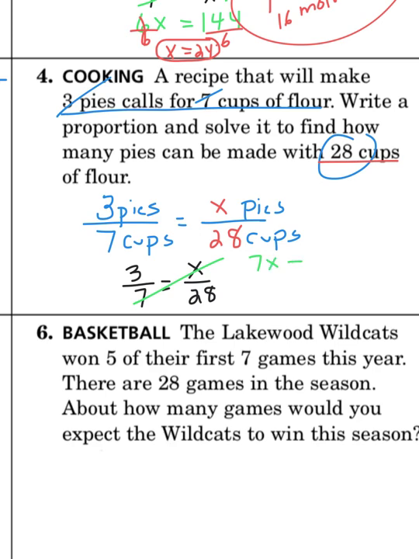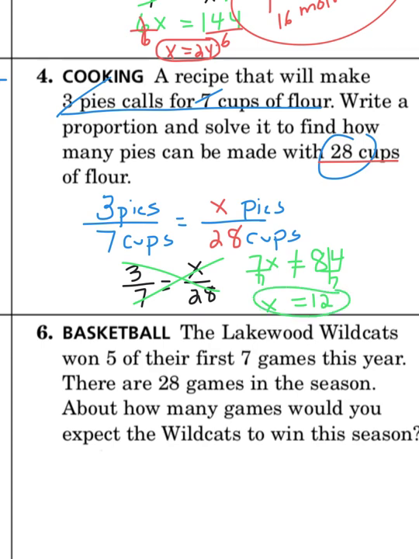That's 7x equals, and 3 times 28 is, wait, hold up, 84. And then divide by 7, x equals 84 divided by 7, 12.